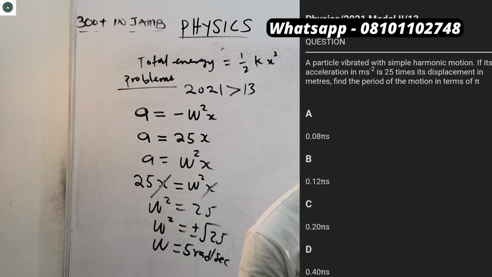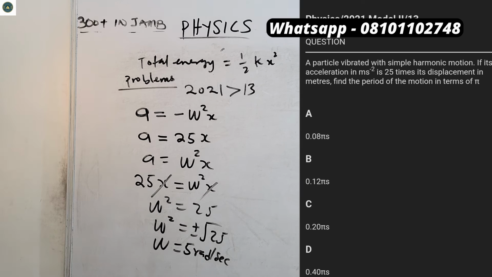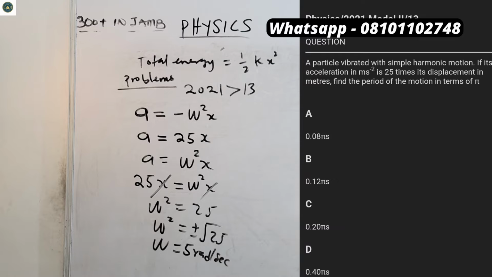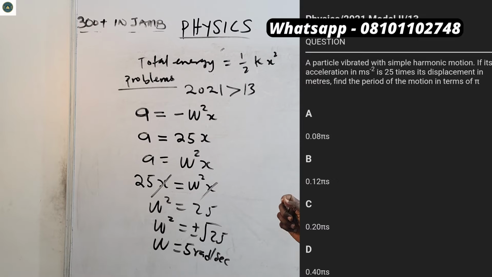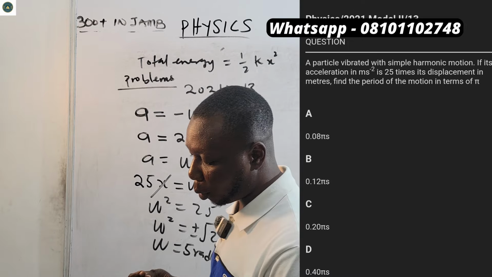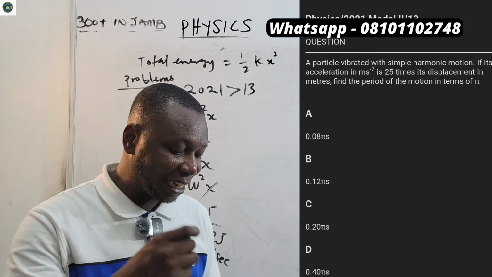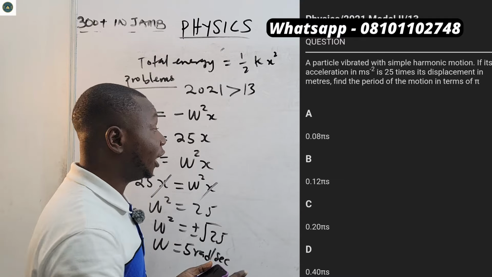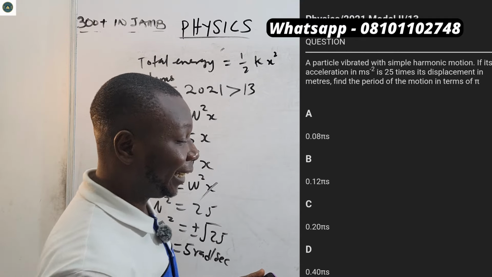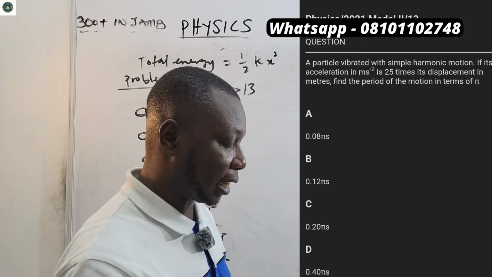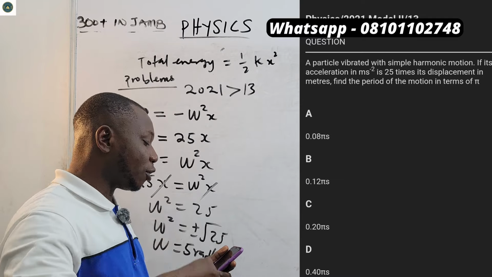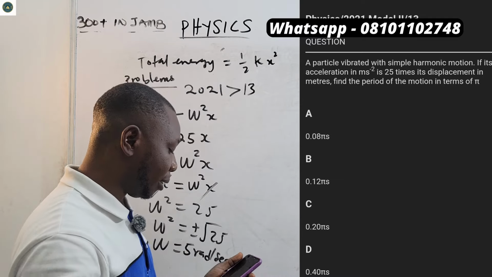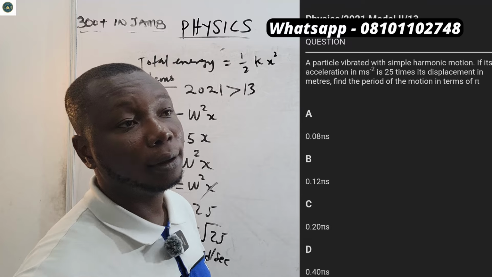Because the question says a particle vibrates with simple harmonic motion if its acceleration in meter per second squared is 25 times its displacement in meters. Find the period of the motion in terms of pi.